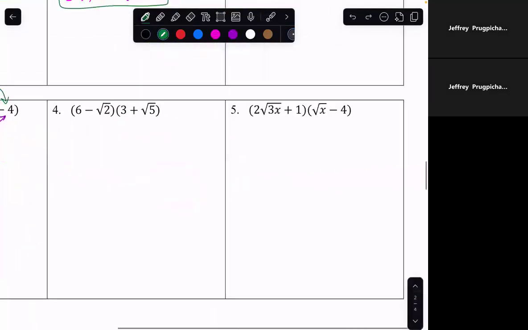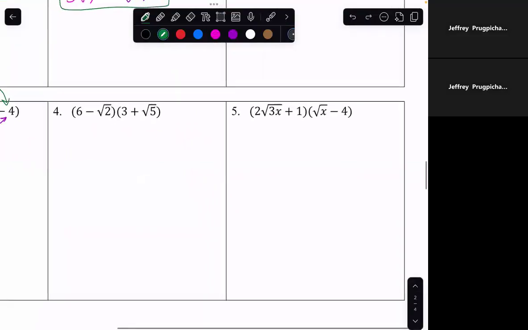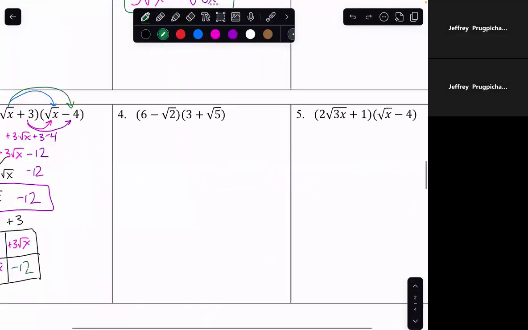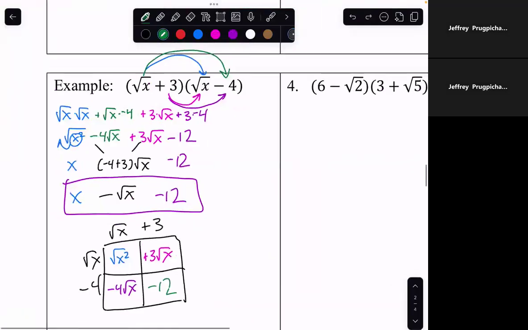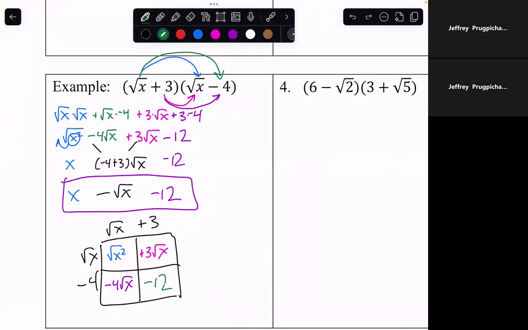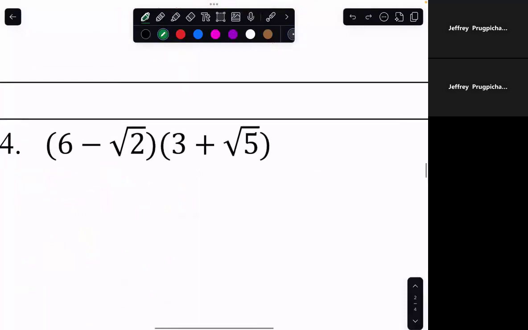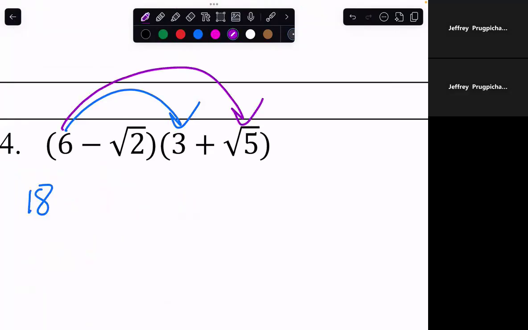Okay, so I'll ask you to try out problems 4 and 5 on this page. For problem 4, so 6 times 3 is 18. 6 times radical 5. It's 6 times invisible 1 in front is still 6.